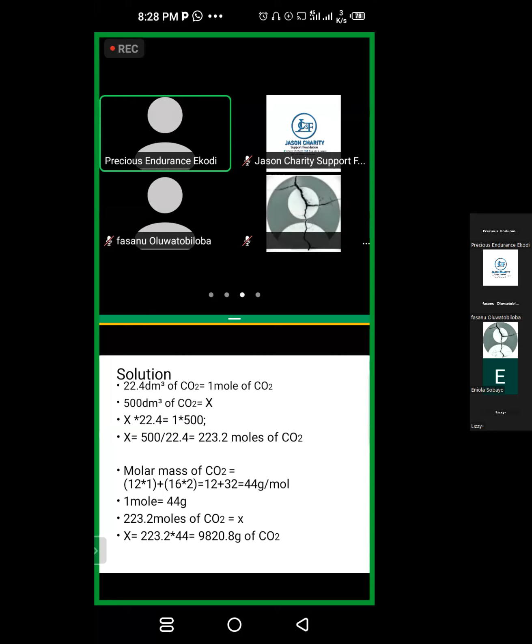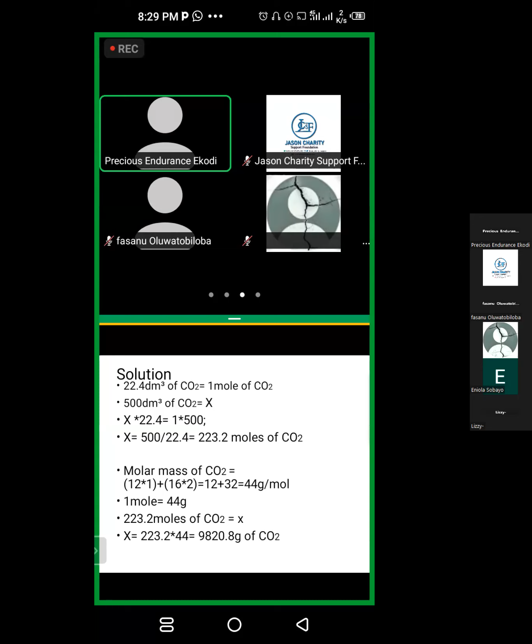So for us to leave X alone, we divide 22.4x by 22.4, and that will cancel out that side. Then we'll be left with 500 divided by 22.4. So our answer would be 223.2 moles of CO2 at 500 dm cube. That's the meaning.